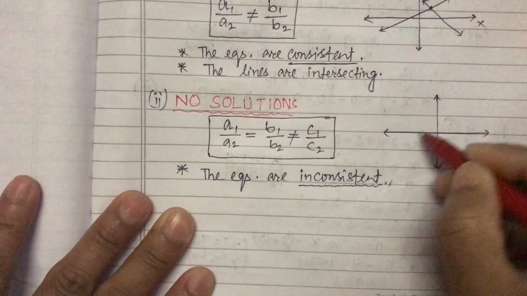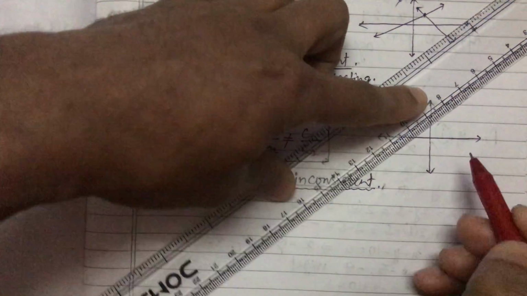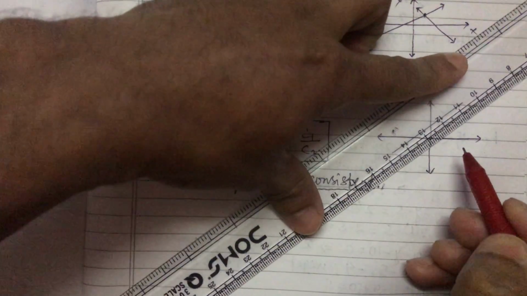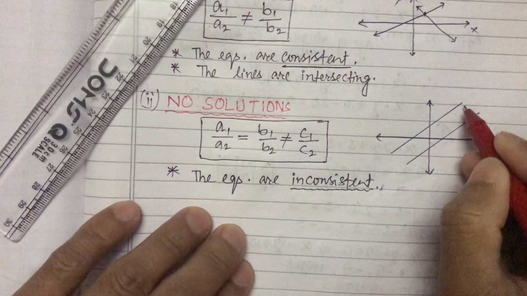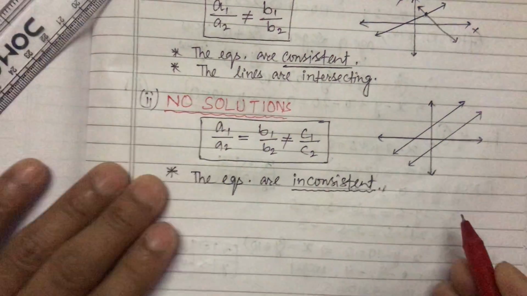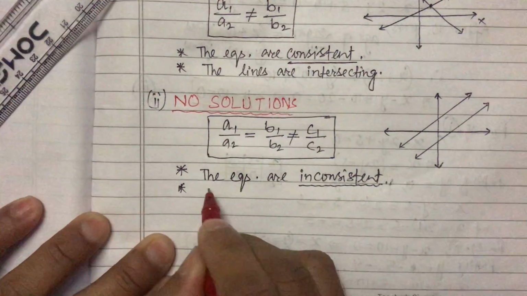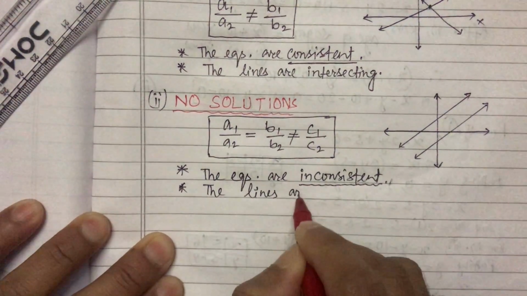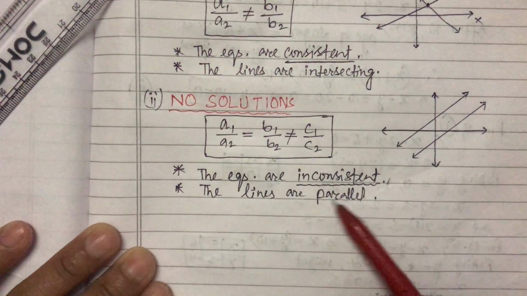In such a case, what we get is parallel lines, right? So you will get parallel lines here. Earlier this was intersecting, now this is parallel. So I can write here, the lines are parallel. So this is on the basis of graph.